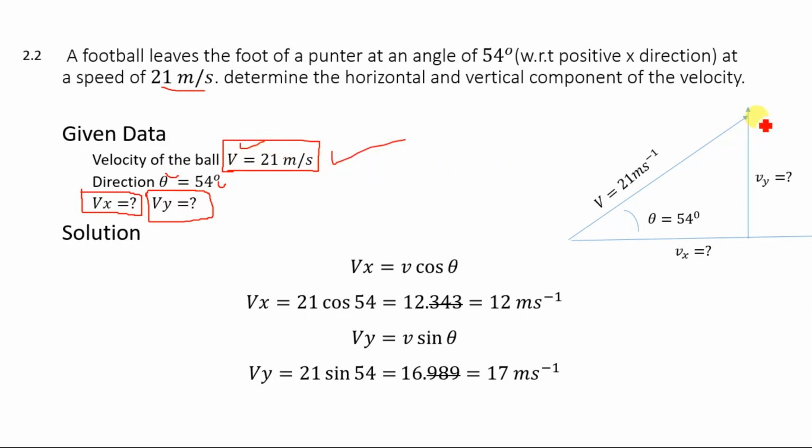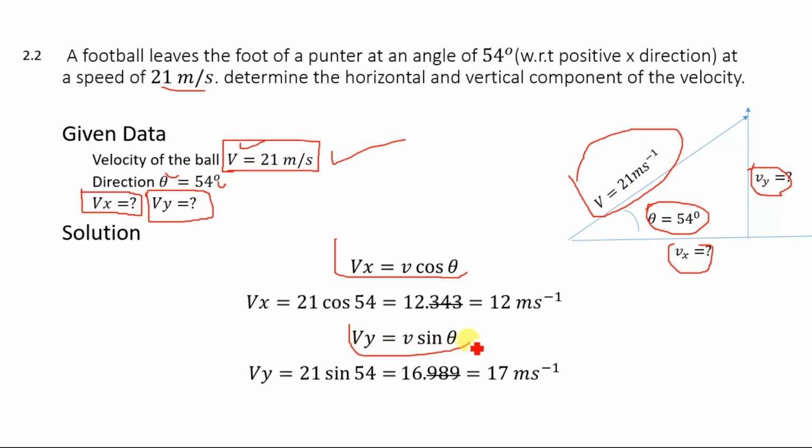Now here we have the free body diagram. Here we have velocity 21 meters per second, theta 54 degrees, and we are going to calculate Vx and Vy. So there are simple equations. We know that the x component is equal to V cos theta, and the y component is equal to Vy is equal to V sin theta.